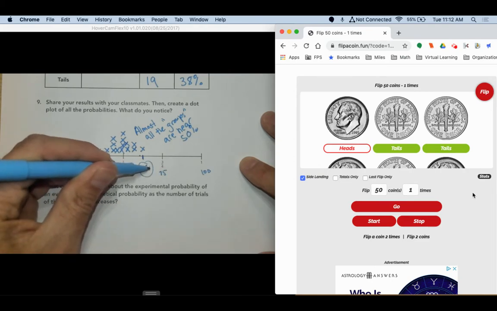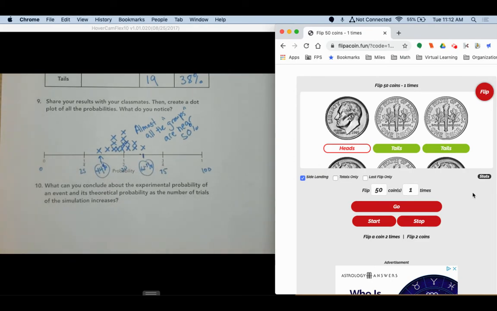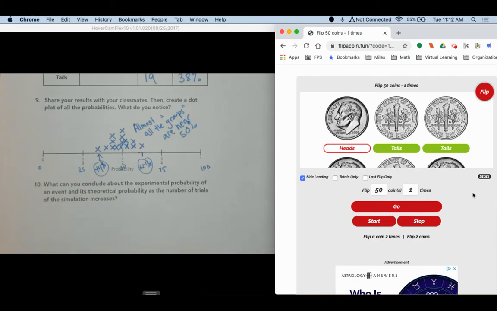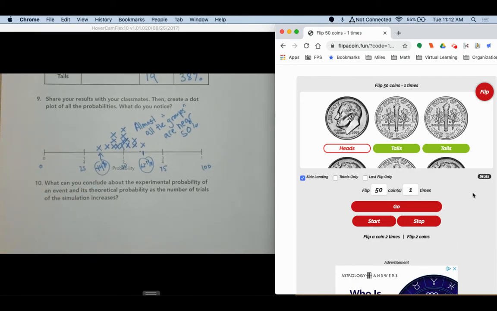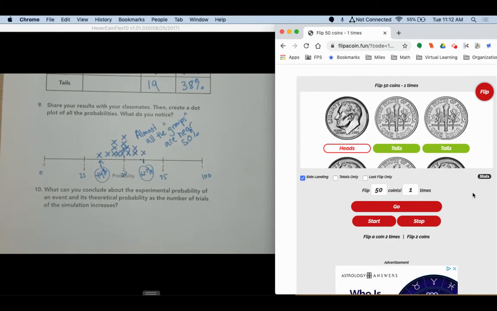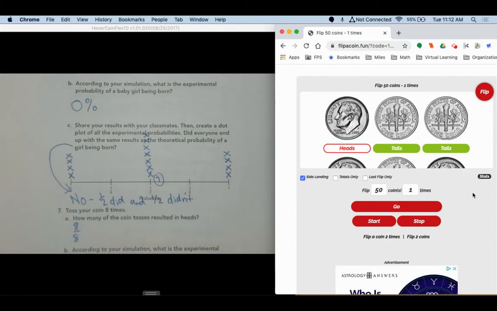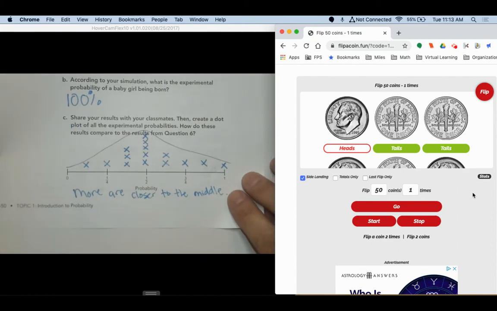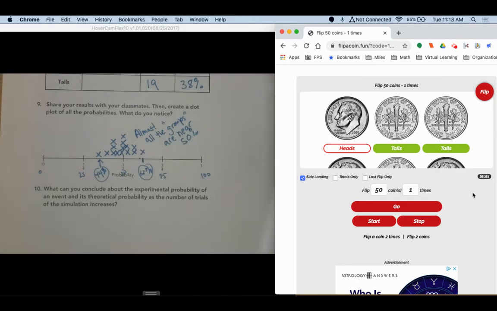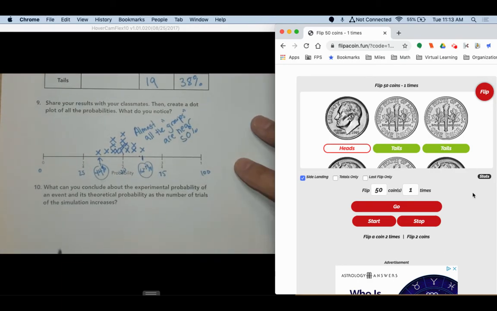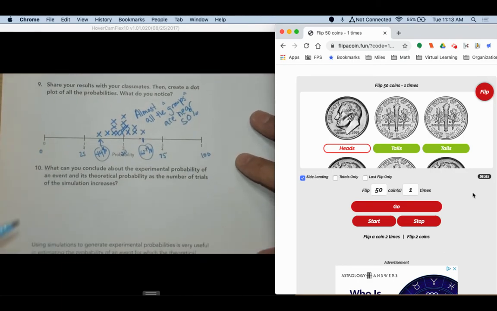And then I had the most at 62% actually. And so everything was between that. Whereas before we had a whole bunch that were further apart. So we kind of start where it's pretty separate. Then it's getting closer towards the middle. And then as we increase the amount of trials, we get a lot closer towards the middle.